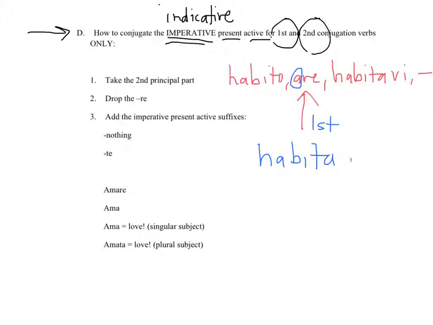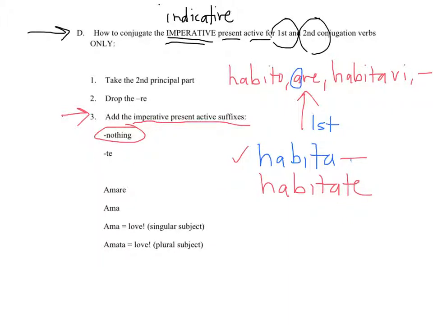and then for the imperative, you would add not the same suffixes. You would add nothing, leave it just as it is, for example, and you would add te. That's it. You've conjugated the entire verb.